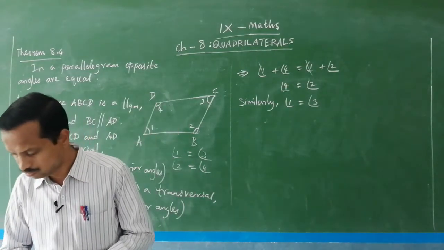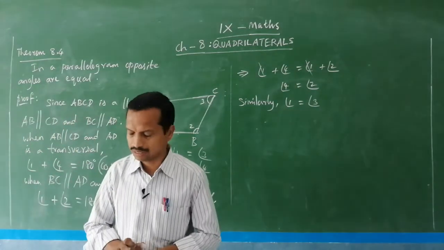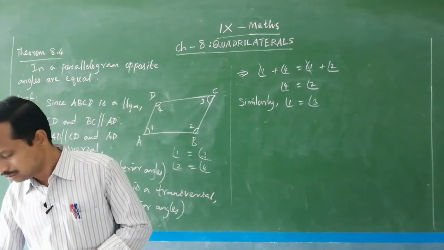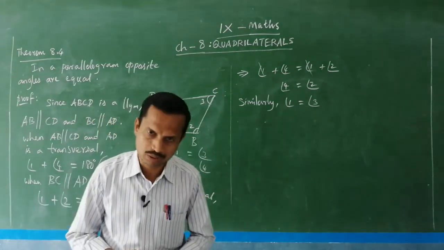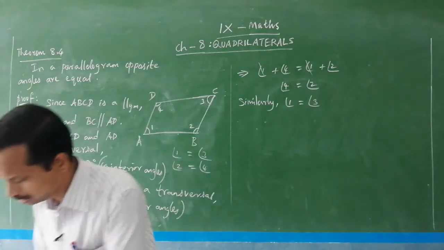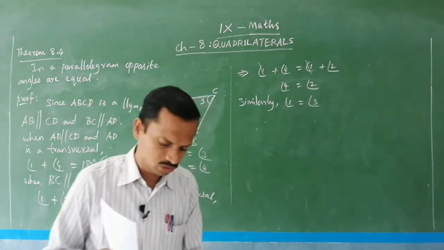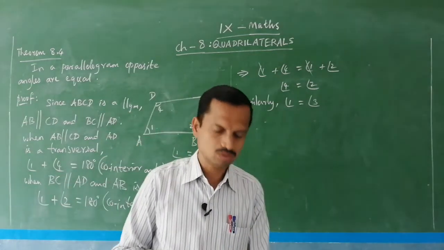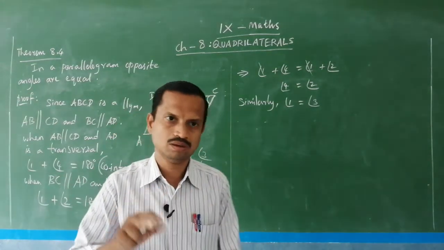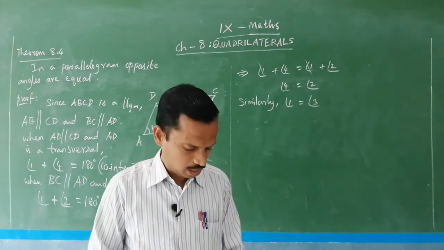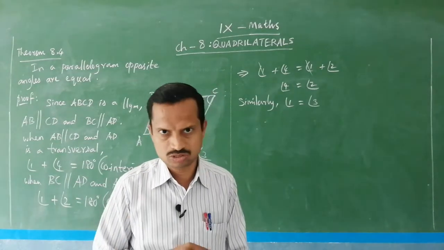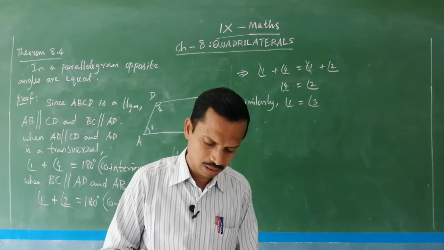So, in the same way we can prove it. Okay. If in a quadrilateral each pair of opposite angles is equal, then it is a parallelogram, that is theorem 8.5. So, easily we can prove it in the same way. Other things you can easily understand the same way.